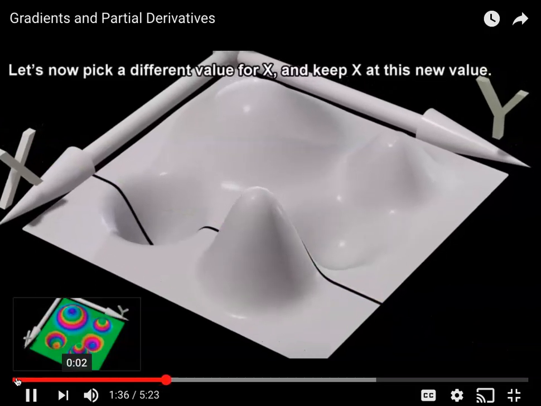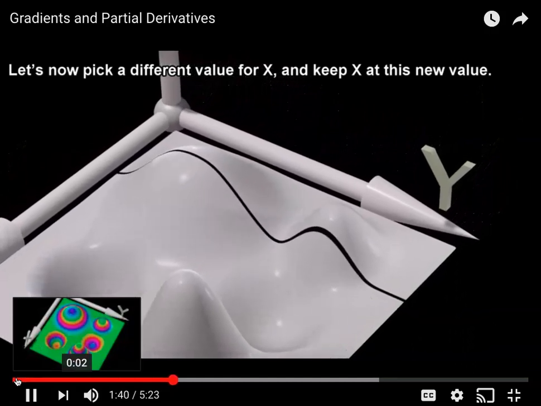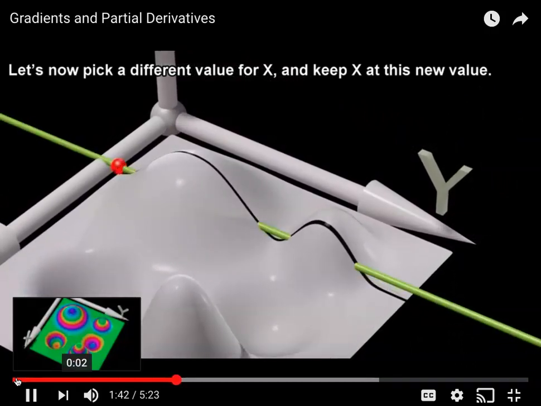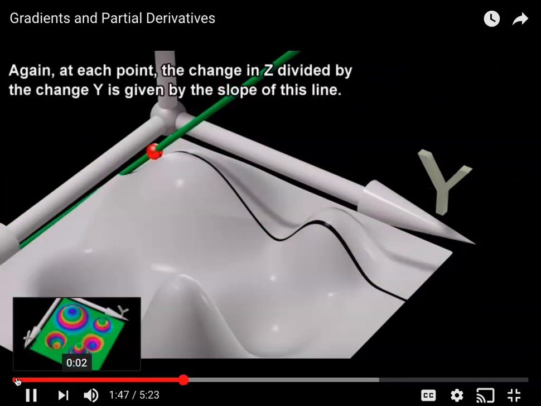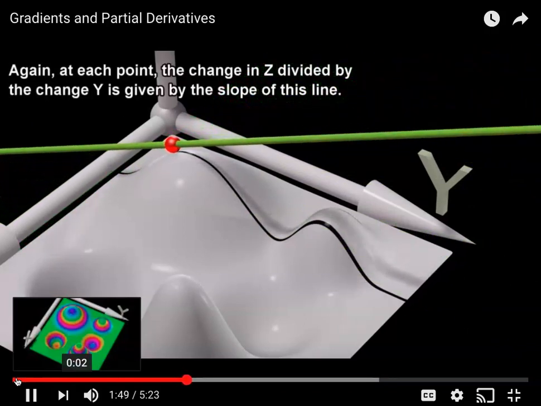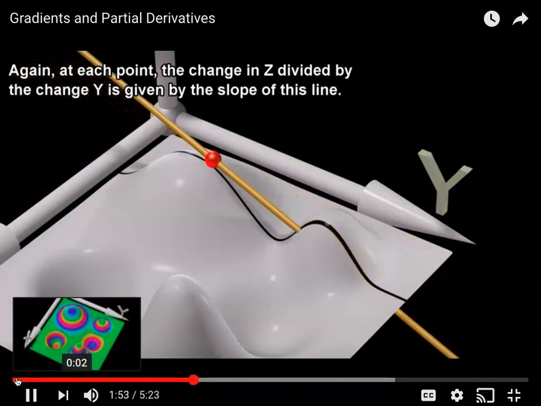Let's now pick a different value for x, and keep x at this new value. Again, at each point, the change in z divided by the change in y is given by the slope of this line.